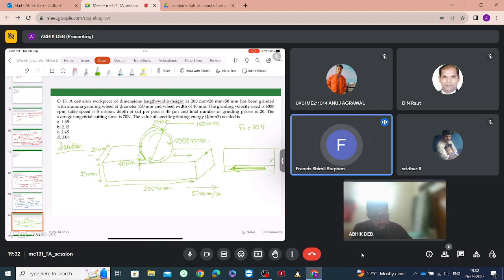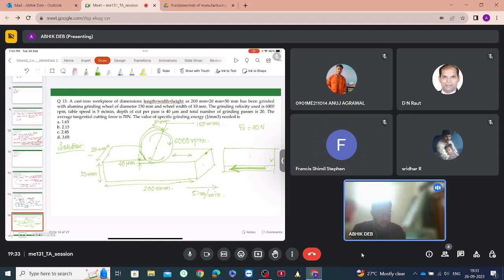Sorry, sir. My doubt is, when the question is given only with the feed motion, like the feed motion is 5 meters per minute, which should we take? I mean, the forward direction or the table direction?